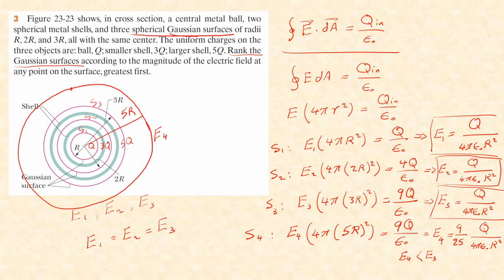But it happens in this case that the charge increase goes with the radius squared, so they get the same electric field at the surface, right? Does it make sense?